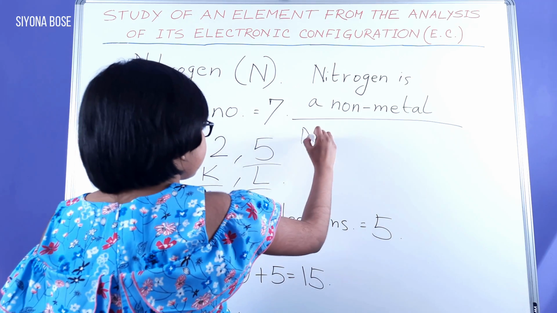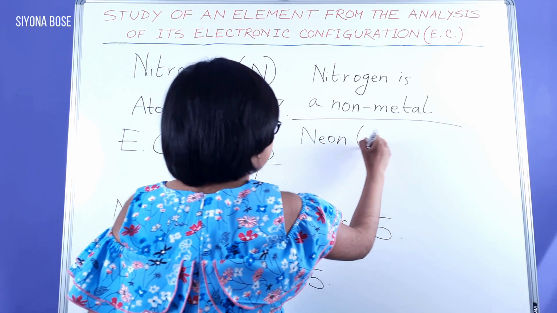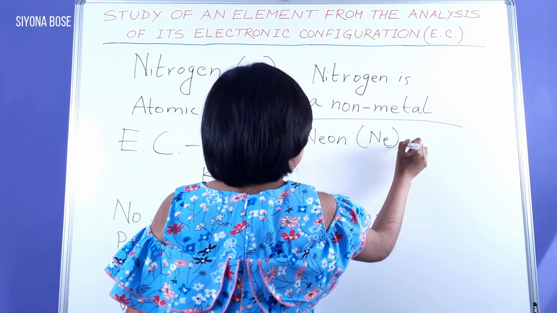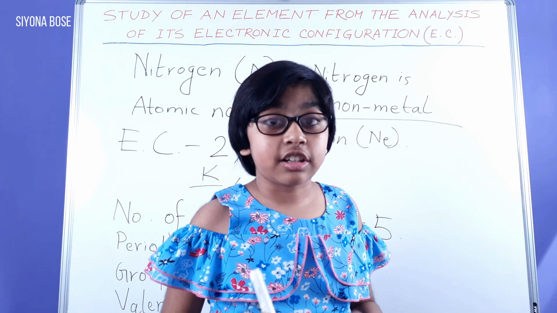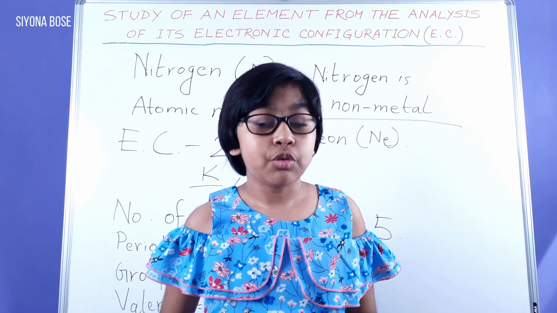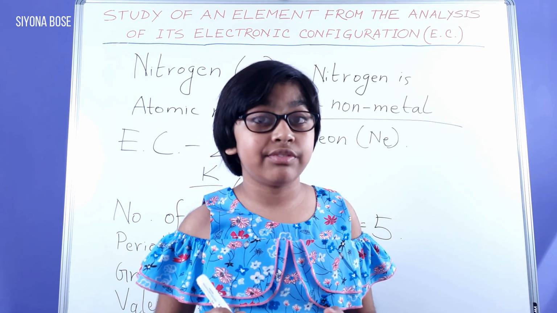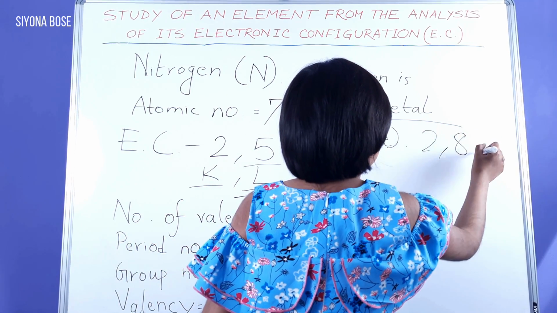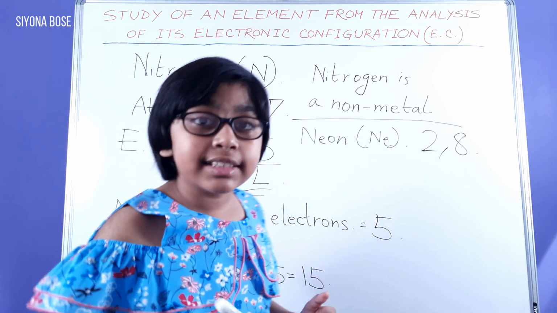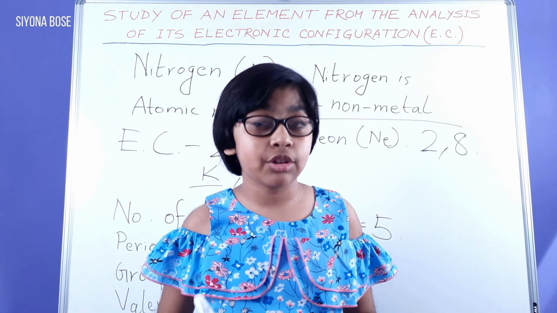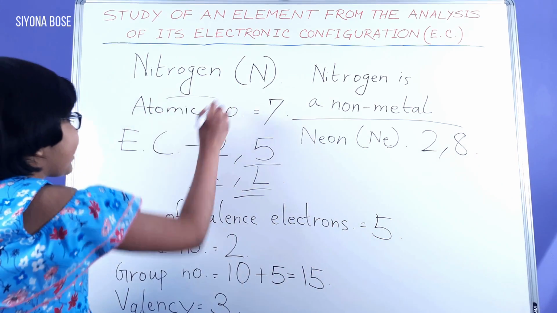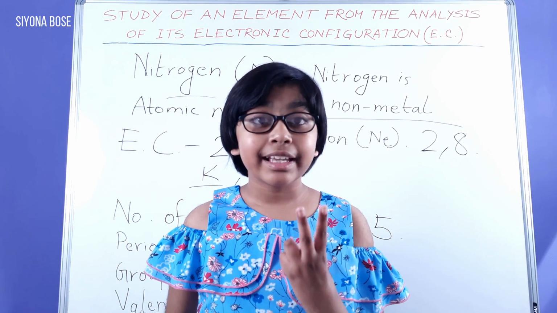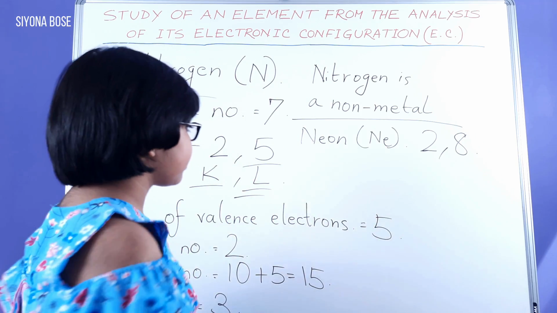Neon, Ne, is the nearest inert gas to nitrogen with a stable electronic configuration of 2,8. To attain the stable EC of 2,8, nitrogen has to gain 3 electrons.